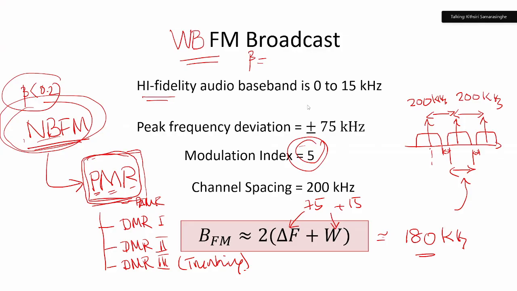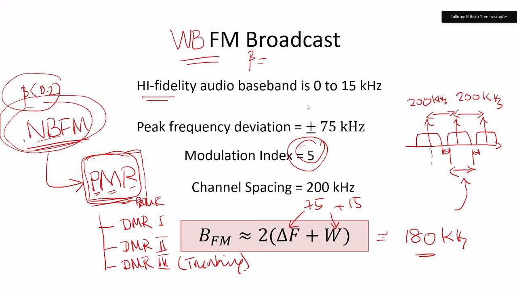But in AM, you can't do that because you can't vary the quality that much. Maximum modulation index is 1 and you can't go beyond that. Here, there is no upper limit as such, provided that you are ready to give more and more bandwidth. You can keep on increasing beta and getting higher and higher quality. So that is the idea of what we call the quality bandwidth trade-off of FM, right?